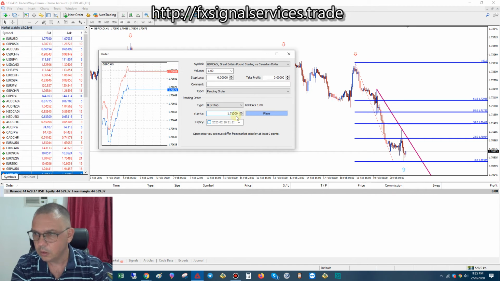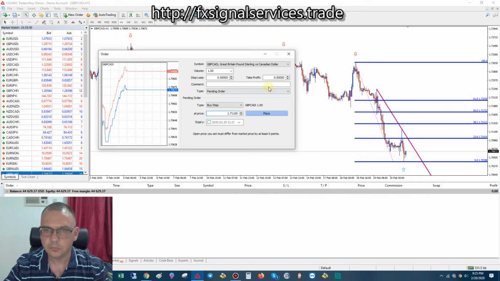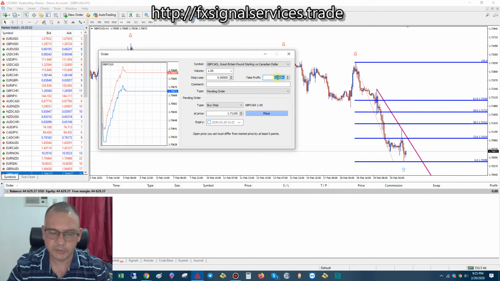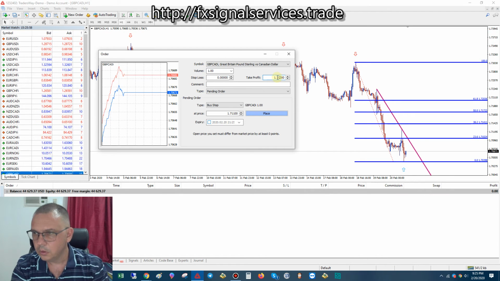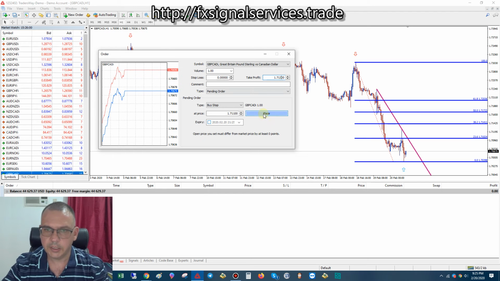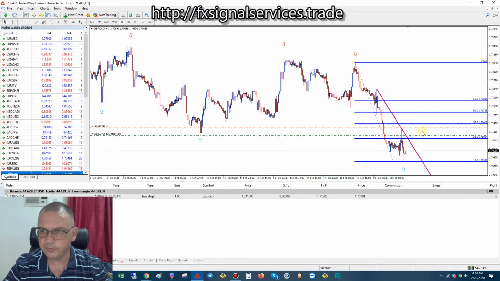I'm going to put 100, that's an even number. And then for take profit, I'm going to put 1.71300. That'll give me probably about 200 pips in profit. If we look right here on the chart, it should say 200 pips in profit, $150. So you have a buy stop pending order, and TP for take profit.